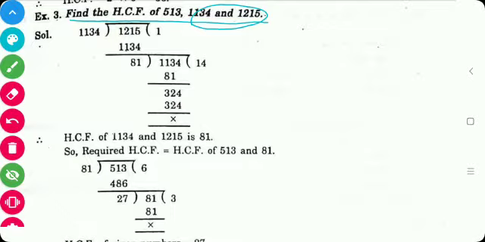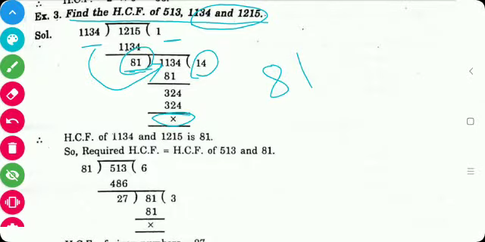The quotient is 1 and the remainder is 81. Now in the second step, this 81 is the new divisor and 1134 is the new dividend. Here the quotient is 14 and the remainder is 0. Now the HCF of 1134 and 1215 is 81.